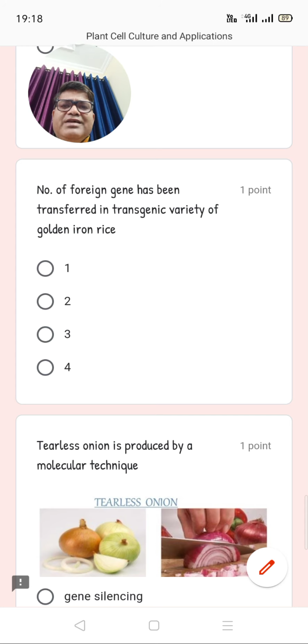So scientists created a new variety, Golden Iron Rice, by transferring 3 genes: the PSY gene, the CRT1 gene and the CRT2 gene. So how many genes can you predict? 1, 2, 3, 4. The correct answer is 3.